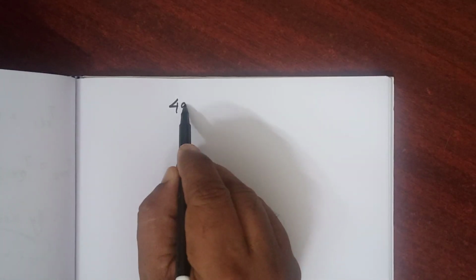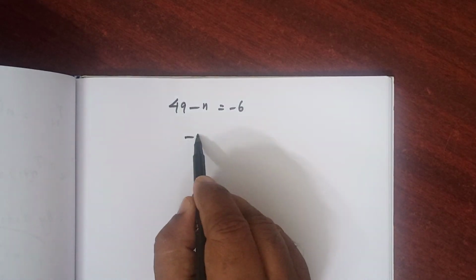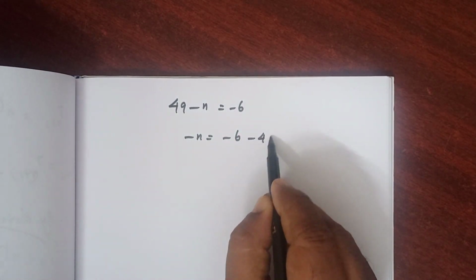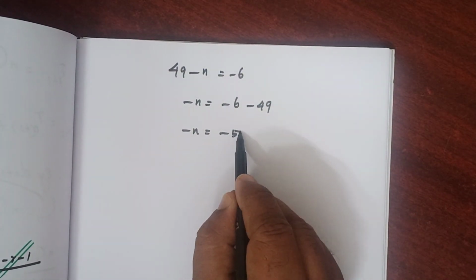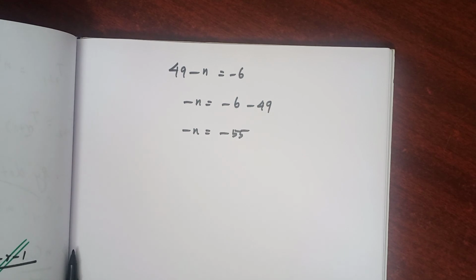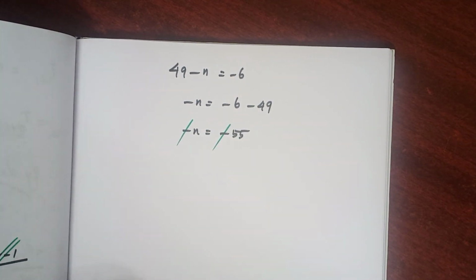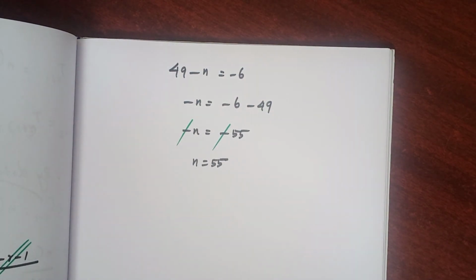So minus n, that is equal to minus 6, 49 comes right hand side minus 49. Minus n, that is equal to minus 55. Both minus get cancelled. Therefore, n that is equal to 55. That's all.